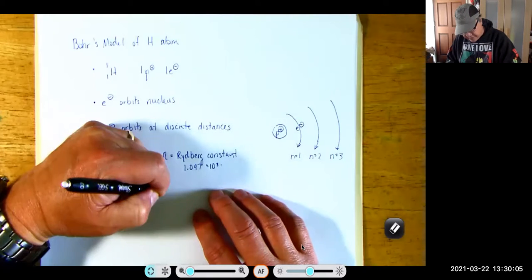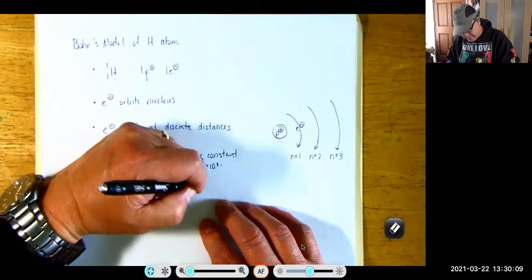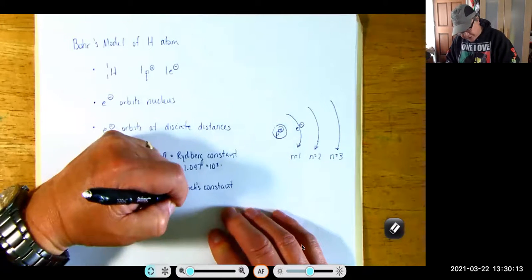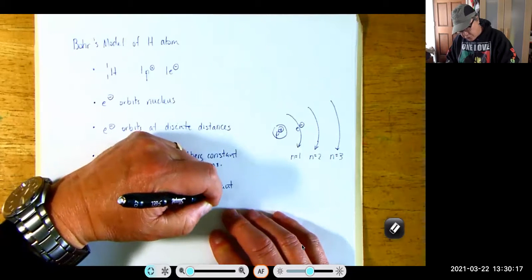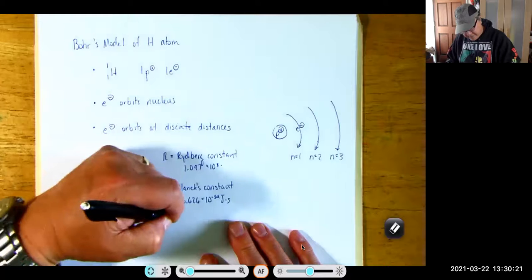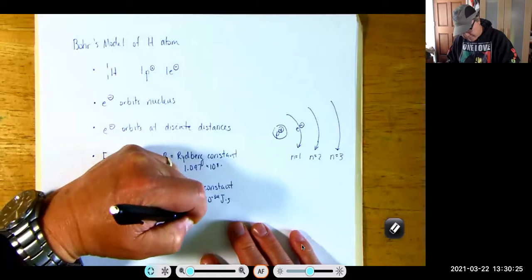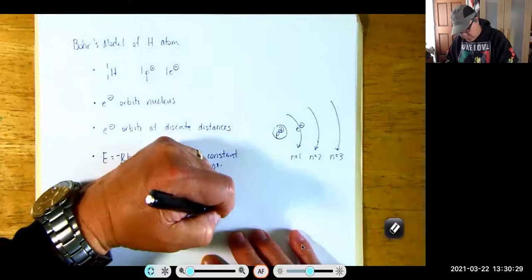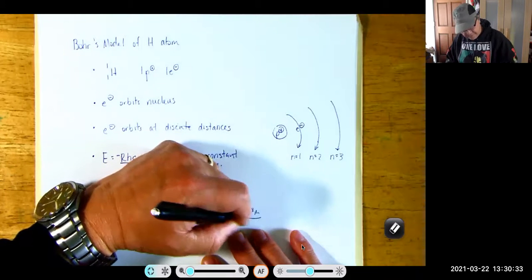h is Planck's constant, and Planck's constant is 6.626 times 10 to the minus 34 joule seconds. c is the speed of light, and the speed of light is 2.998 times 10 to the 8th meters per second.